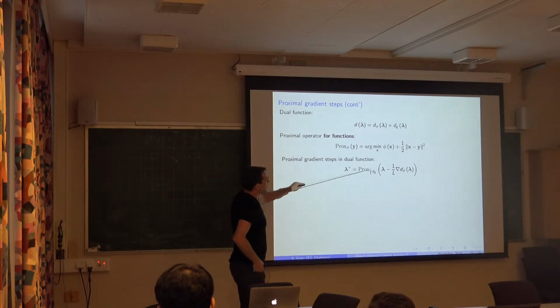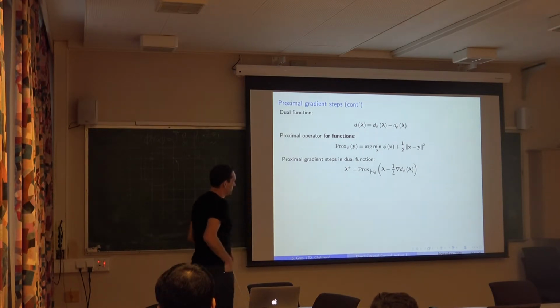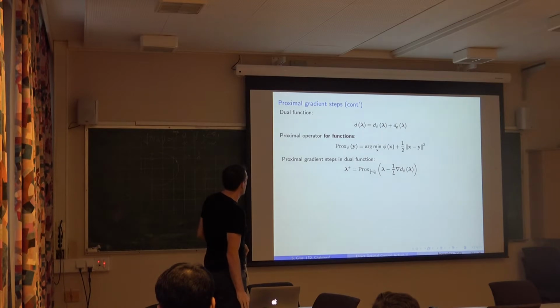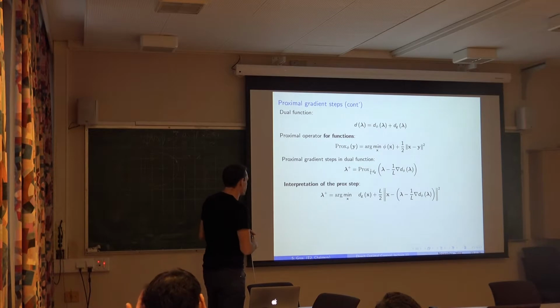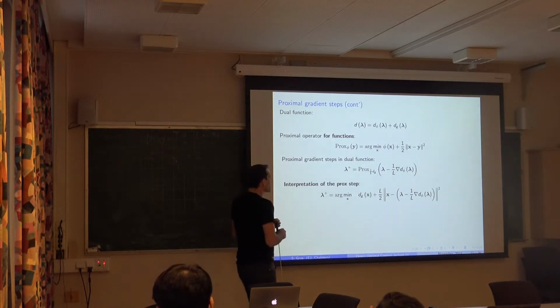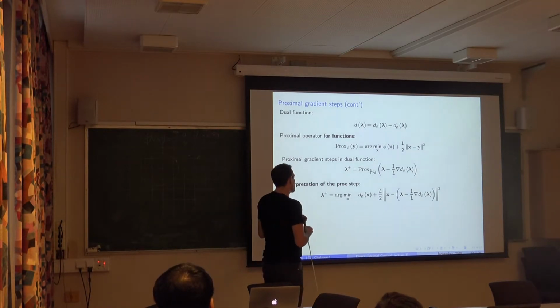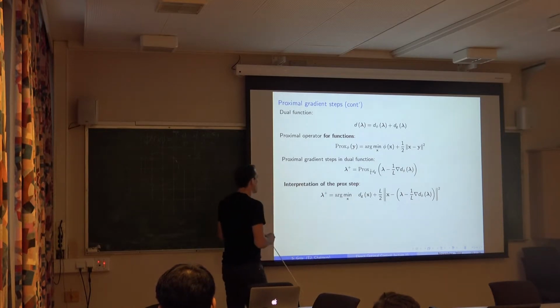And you have a 1 over L here that's nothing to worry about. It's just to tidy things up in what happens at the end. There's a way of understanding what the dual step does.